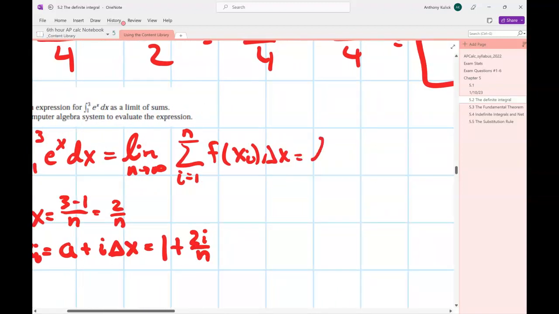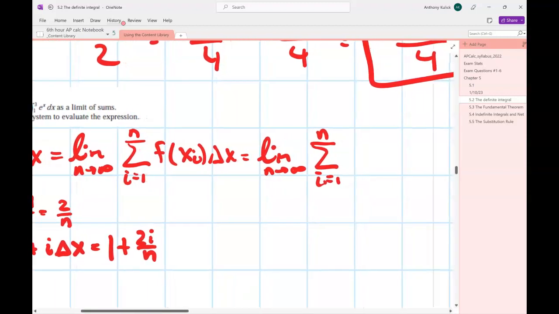So we can write this then as the limit, n goes to infinity, of the sum, i equals 1 to n. So f of x is e to the x, so we have e to the 1 plus 2i over n because we have f of xi.